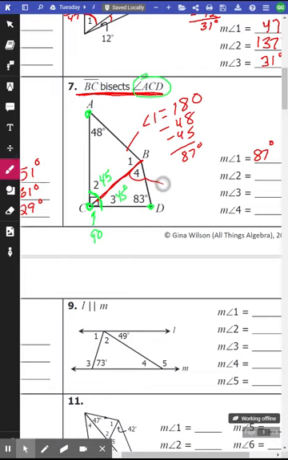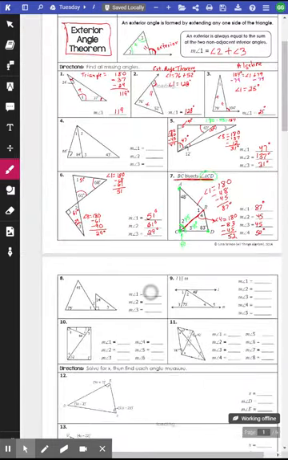Angle 4: 180, take away 83, and then take away 45. Angle 4 ends up being 52. All right, let's get to the harder stuff.